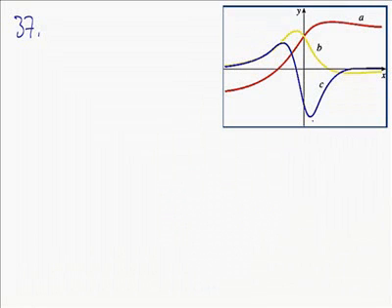Well, let's take a look here. Let's look at the original function c. What we see is that c has a couple of places where we would have a derivative that's 0. One would be right here and one right here. So if a or b are the derivative function of c, then their y values at these 2 points would have to be 0.